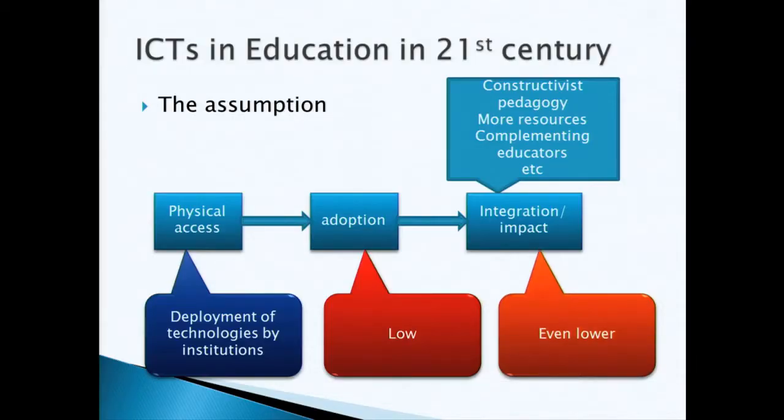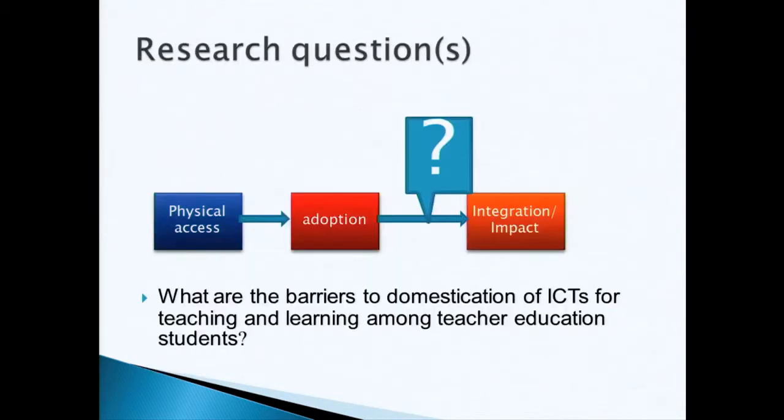And the impact is even lower. So, in this study, we are saying there is the physical access and the adoption. But then what are the barriers to domesticating these technologies for teaching and learning among the student teachers?